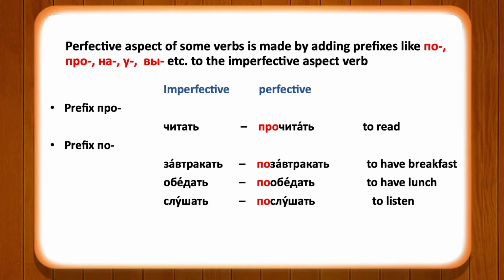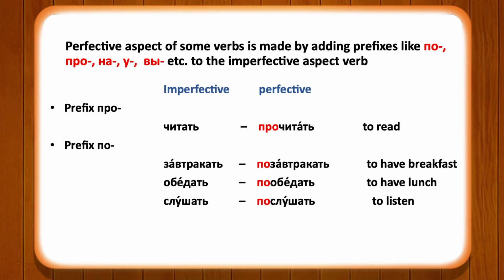As you can see, the imperfective verb chitat has a perfective aspect counterpart as prochitat. Chitat, prochitat. So a prefix pro is added to the imperfective verb chitat to make the perfective aspect verb prochitat.